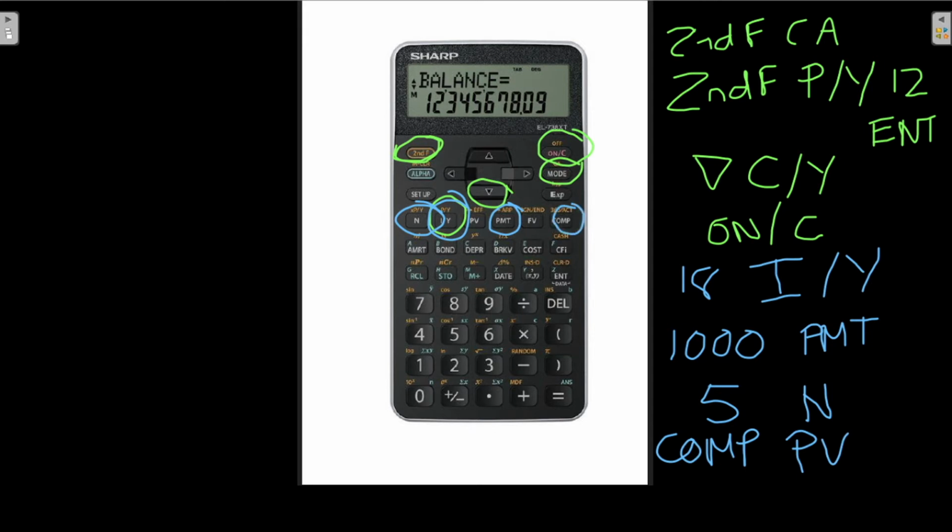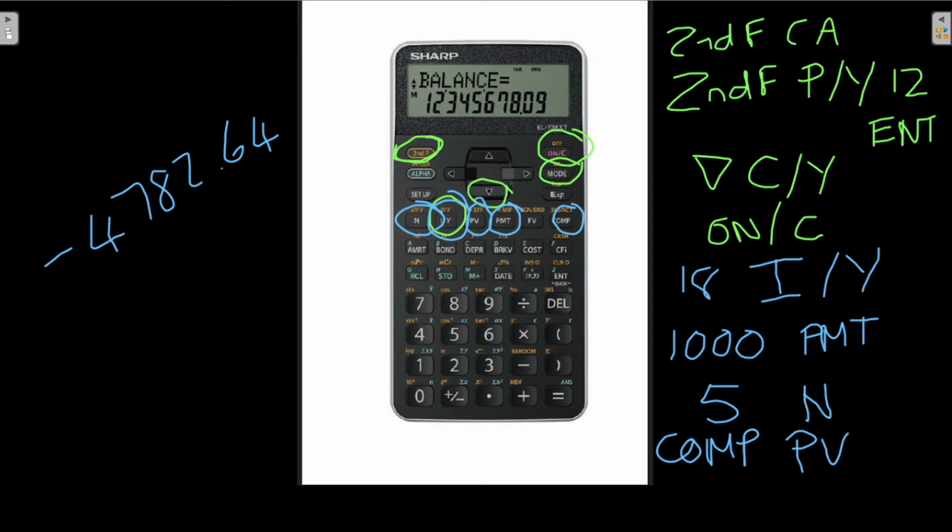So it's compute and then your present value. And that will give you an answer of negative 4782.64.